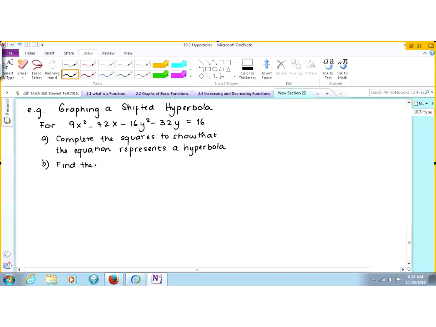B, find the center, foci, and asymptotes. So this is like a full-blown problem. And then C, sketch. Actually, we don't do that. We sketch first, right? All right.